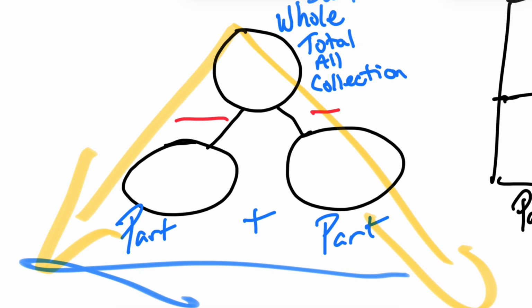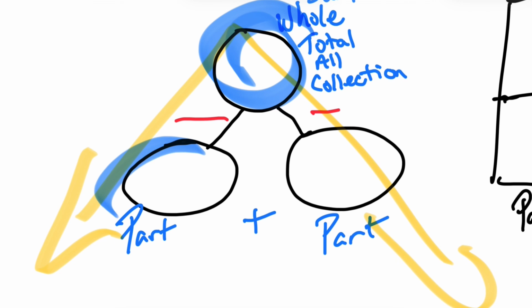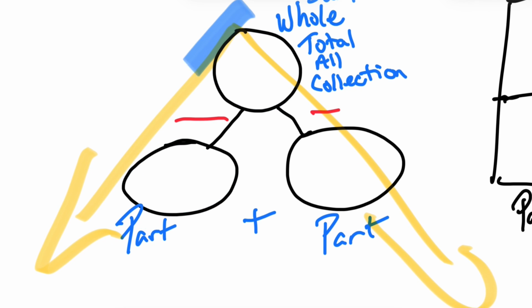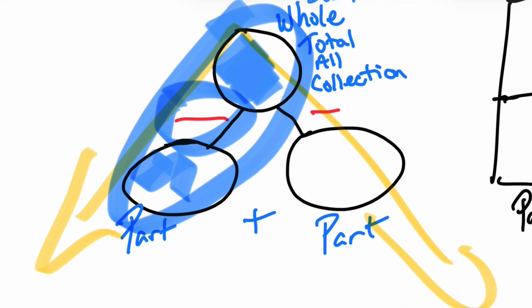Well, why does it go down, down? Because it goes with the number at the top and then it goes down to one of the other numbers. Or it could go in a different direction. It will have the total and one of the parts, but be missing another part. That section is highlighted, showing that the number in the whole needs to be subtracted from a number in the part.